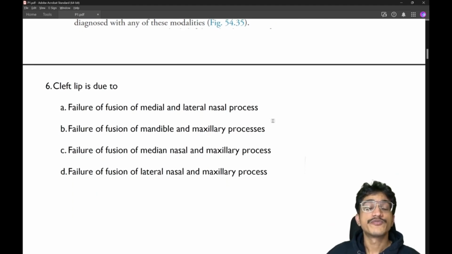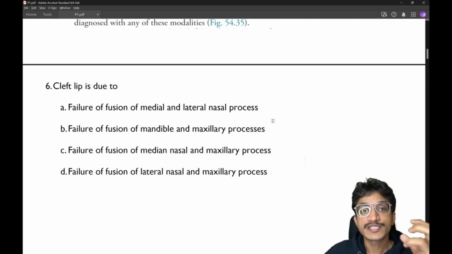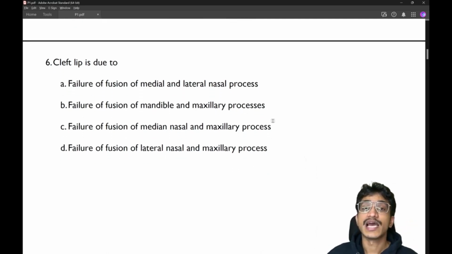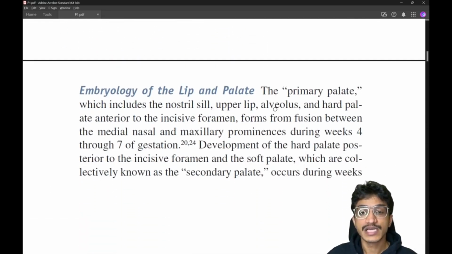Cleft lip is due to the fusion of... So the questions, what I felt was that if they ask direct questions, they are specialty based, or else they've asked very clinical scenario oriented ones. So moving on to the next question, cleft lip is due to... For this they have taken a lot of questions from Schwartz. This is a paragraph that is given in Schwartz, in the embryology.